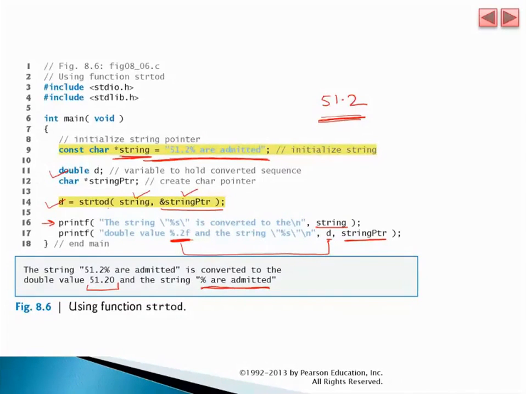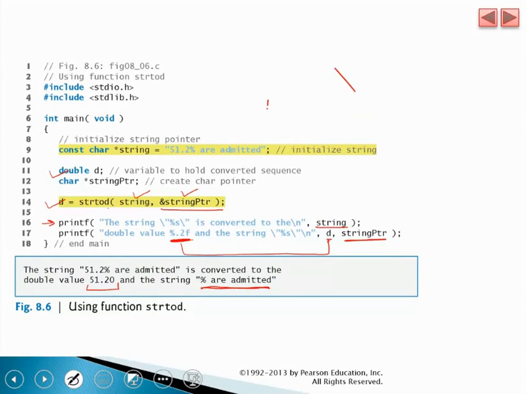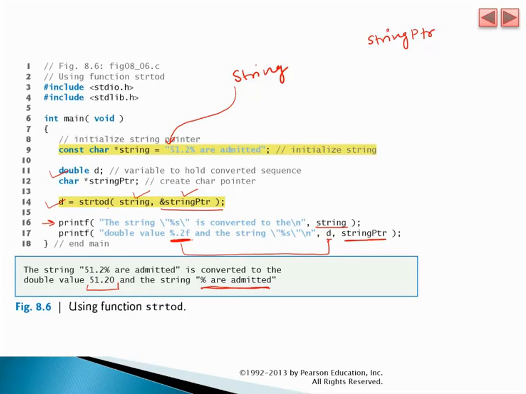What happened actually is this: there is this string which is pointing to this. String is a pointer, it is pointing to this string. We make another pointer, the string pointer, right? When we call this function, it will split this entire string into two parts.